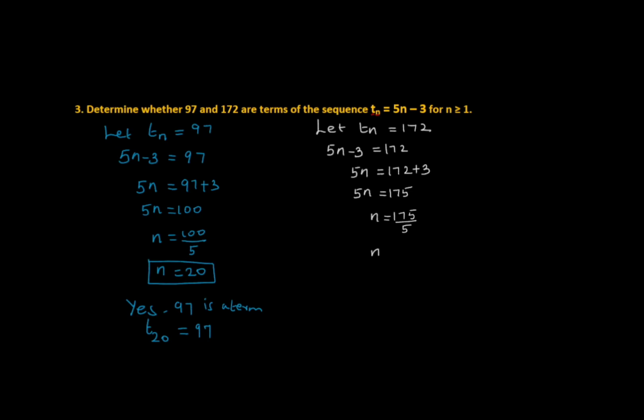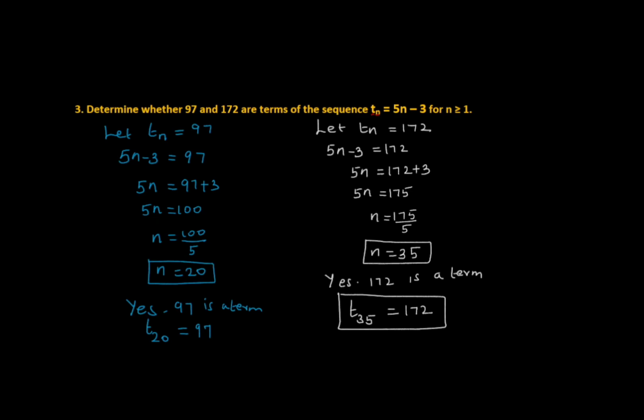So, 5 will divide 175 exactly 35 times. So, n is a whole number, or we can say a natural number. We can conclude yes, 172 is a term in the given sequence. Which term? That is the 35th term. T35 is equal to 172. The 35th term is 172 and the 20th term is 97.